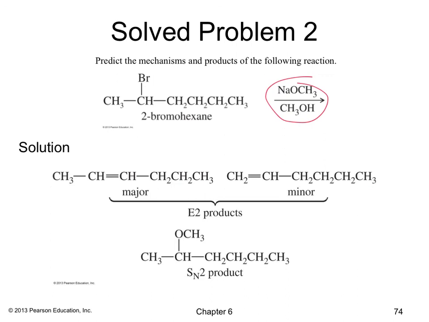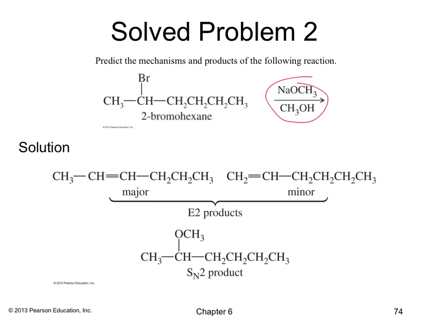But just in light of time, it can form the elimination product. You can have this hydrogen being plucked off and the halide kicked off, generating the double bond here. This will be the least substituted alkene. Or you can have the hydrogen being plucked off from here, forming the double bond, kicking this off, forming the more substituted alkene.